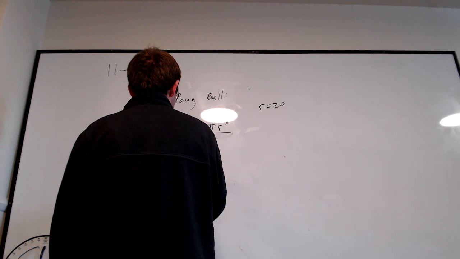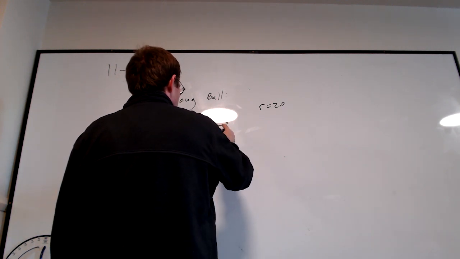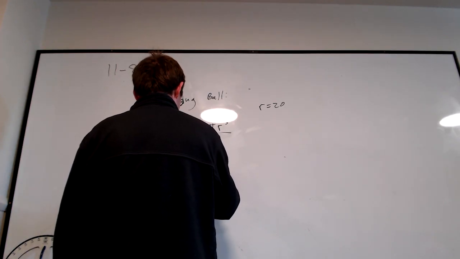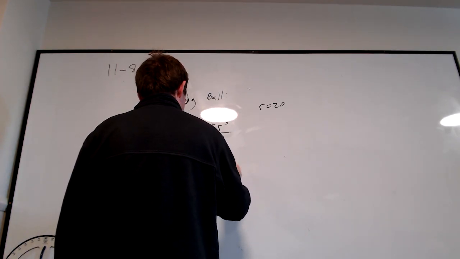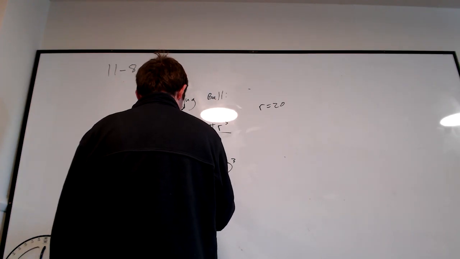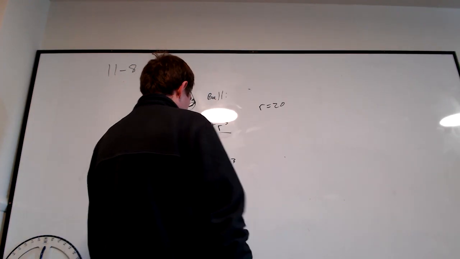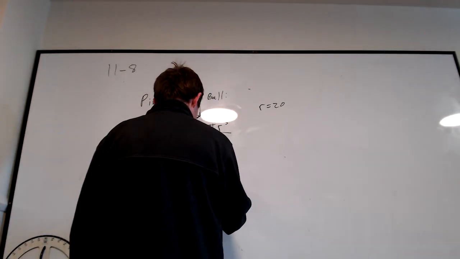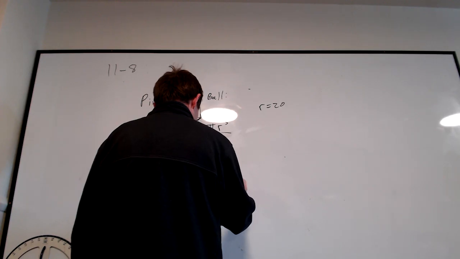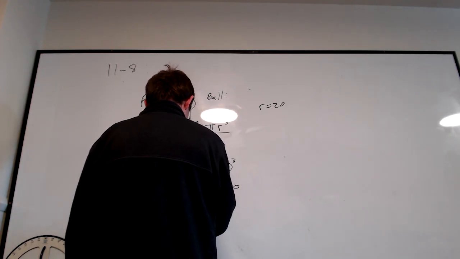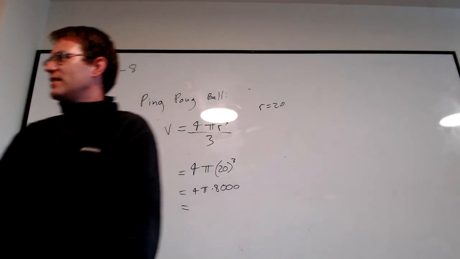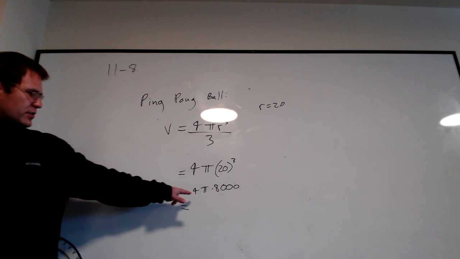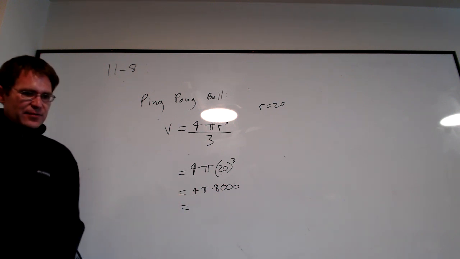So what is 20 cubed? 20 times 20 times 20, 8,000. Okay. Ask Will or Mercy to do the next part. So 8,000 times 4 times pi.